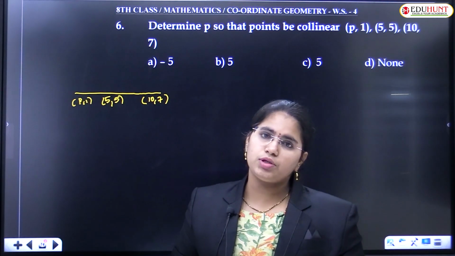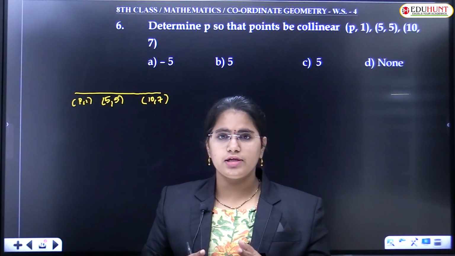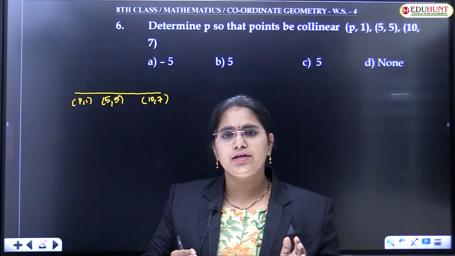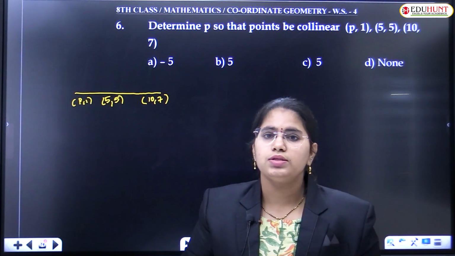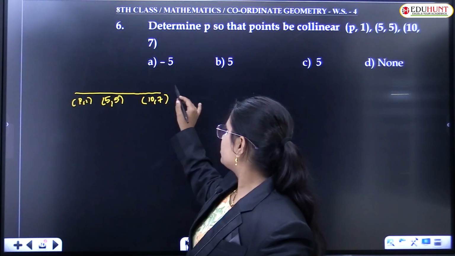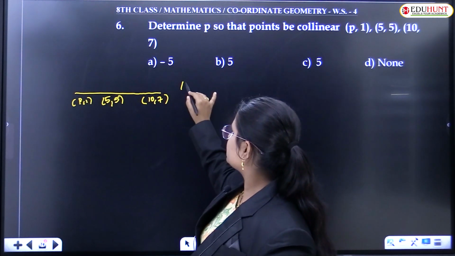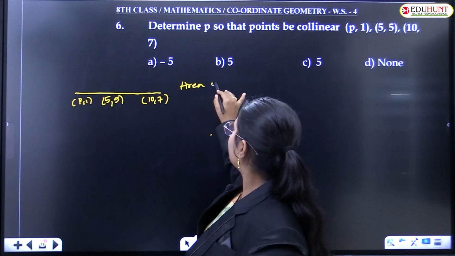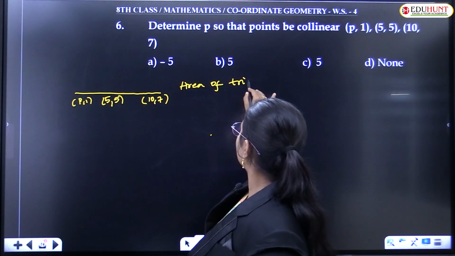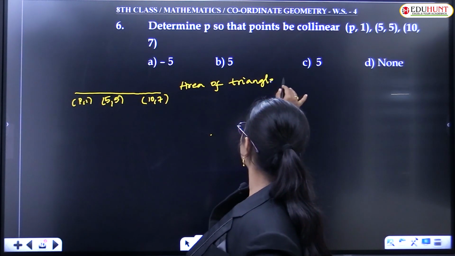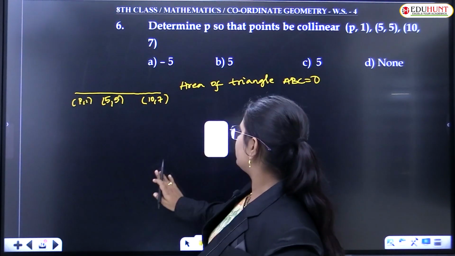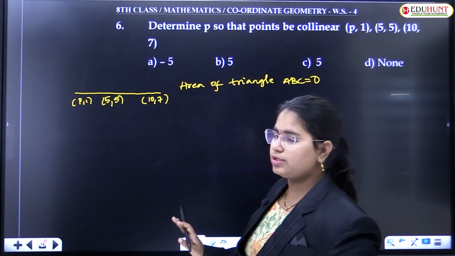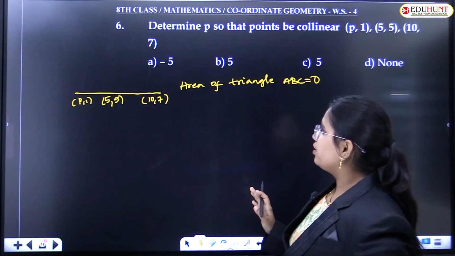We also know one other property of collinear points: the area of triangle is equal to 0. So if all 3 points are collinear, we have area of triangle ABC equals 0, right?